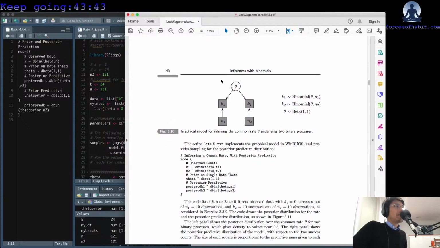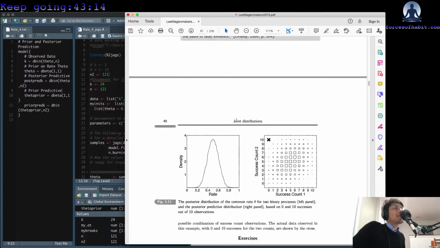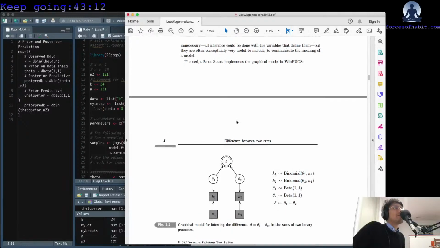So you can imagine this being two populations of people, or it could just be two people flipping coins, and we have success rates for the coins, and we want to know if they're using fair coins. We have two populations to observe that. But since they're the common rate, you could probably just cube this. I think there's an example of cubing it up here.